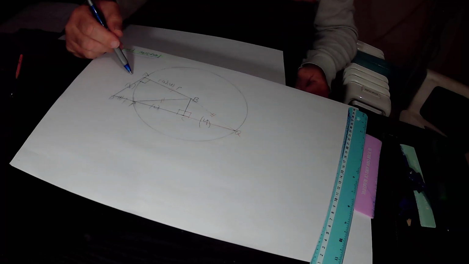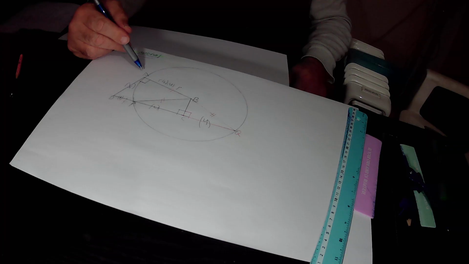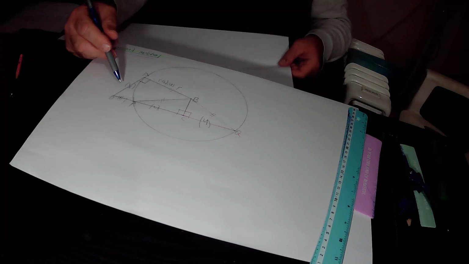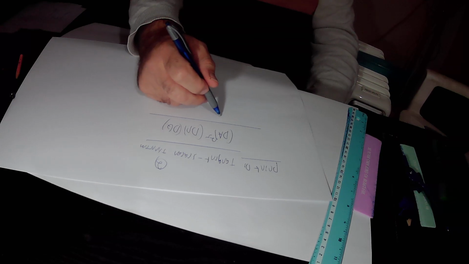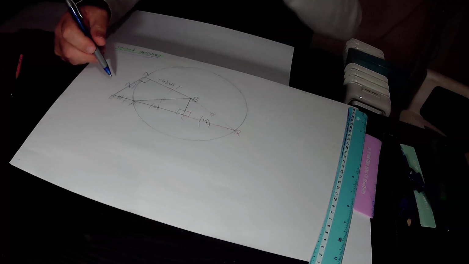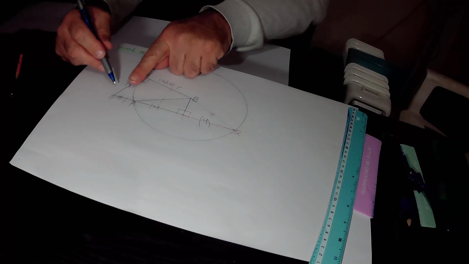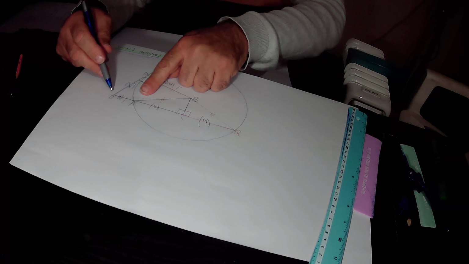Tangent DA equals x. X is the unknown that we are looking for in this question. So we solve DA by x. If DA equals x, then DA squared equals x squared equals DP times DQ. DP is the external part of secant DQ, and according to what is given in the question, DP equals 1.